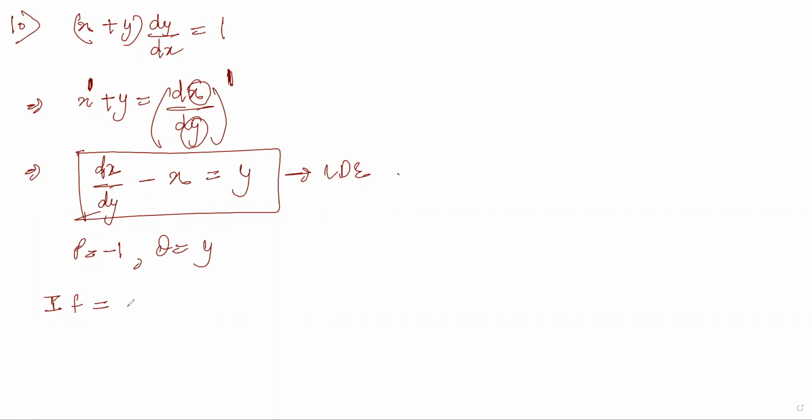The integrating factor will be e to the power integration of p into dy, in this case, because the differential equation is dx by dy, right? So the integrating factor will become e to the power integration of p dy, which will be -1 into dy, which is nothing but e to the power minus y.